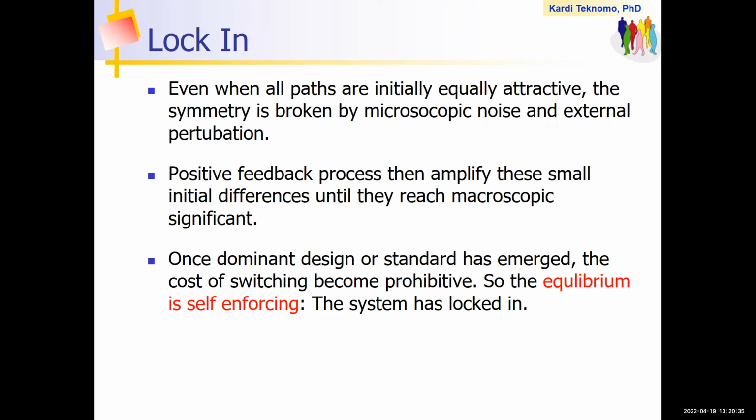So what happens here is there is a positive feedback loop that amplifies these small initial differences until they reach macroscopic significance. Once the dominant design or the standard has emerged, the cost of switching suddenly becomes prohibitive. So this equilibrium is self-enforcing. So that system becomes locked in. That is how the phenomenon happens.